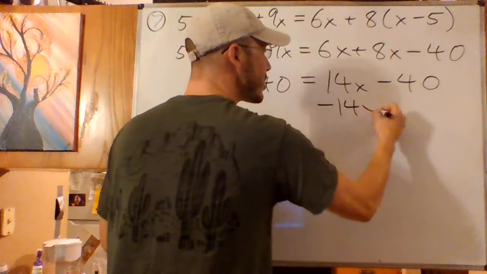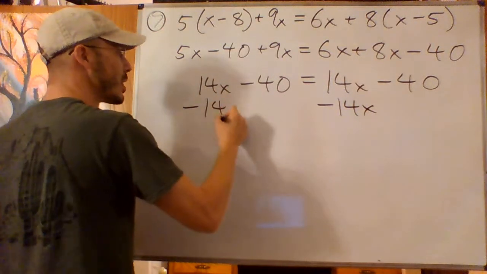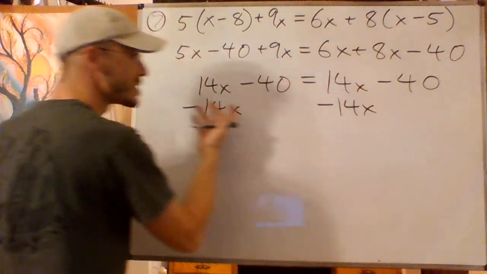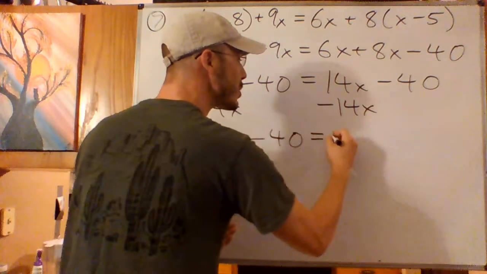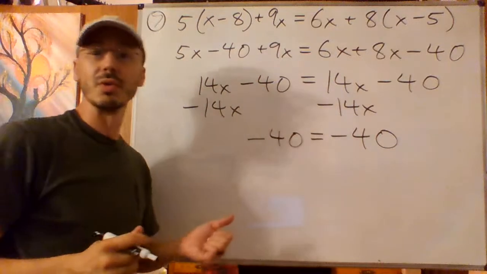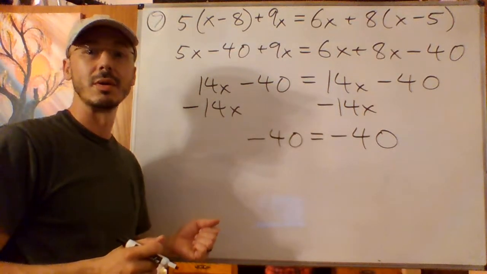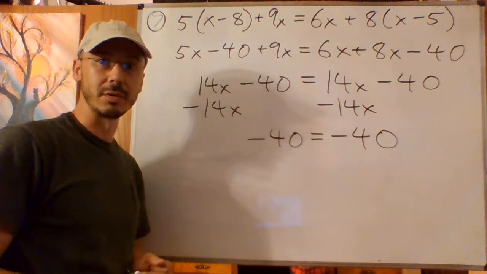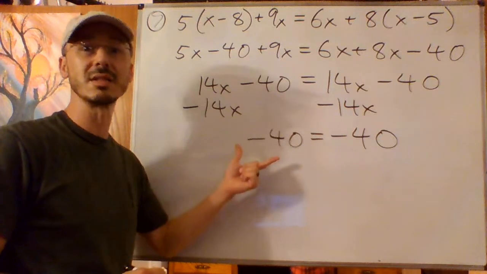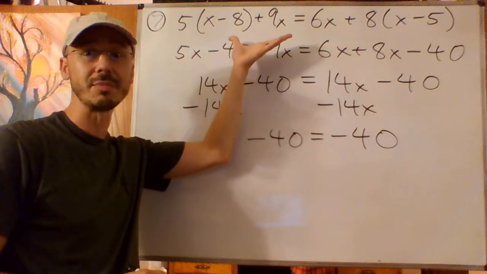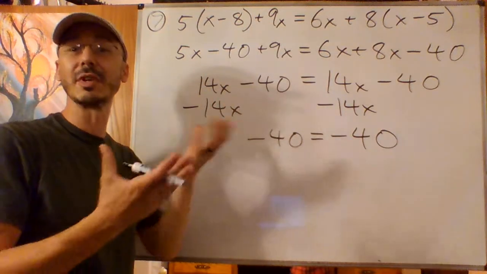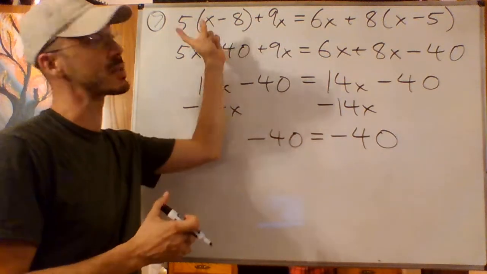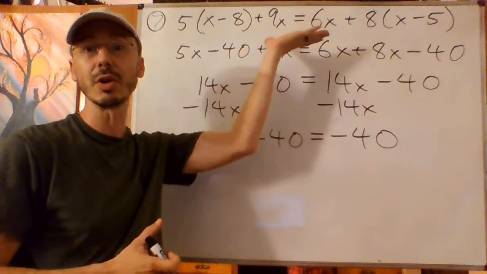I'm trying to get the variable on one side, but what happens is if I try to remove it from this side, it also removes it from this side, and I end up with negative 40 equals negative 40, which is true, but not very helpful. And it doesn't say anything about the solution of this equation. It does say something about the equation itself, that it has an infinite number of solutions. Any value of x that we put in here will yield a true equation.